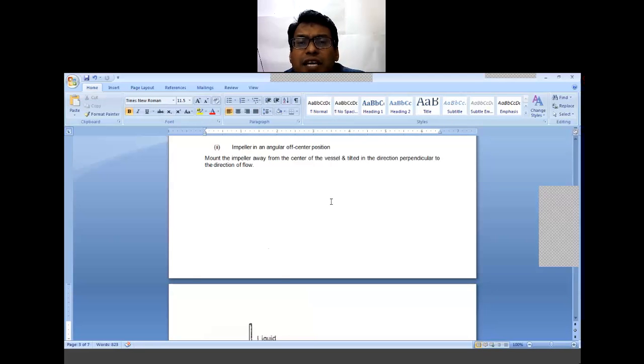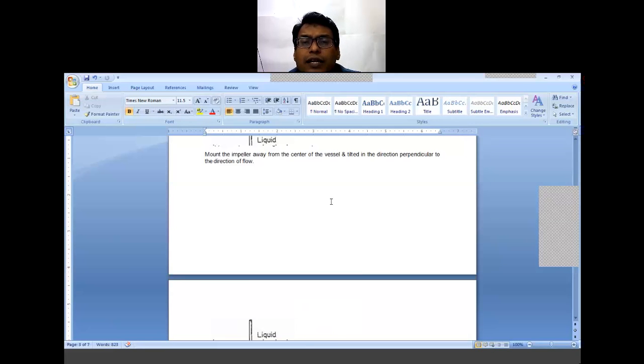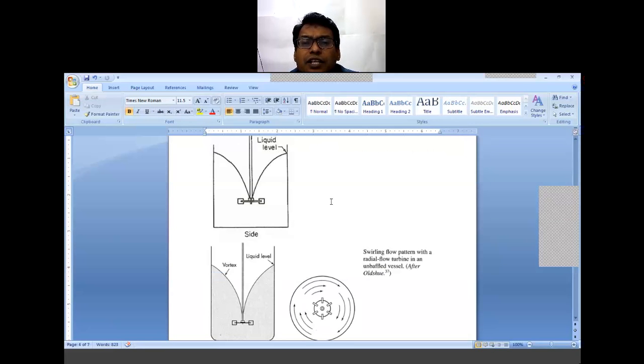Now the next is the impeller in an angular off-center position. That is the mounting position of the impeller, mounting the impeller away from the center of the vessel and tilted in the direction perpendicular to the direction of the flow. That helps to prevent the vortex formation.